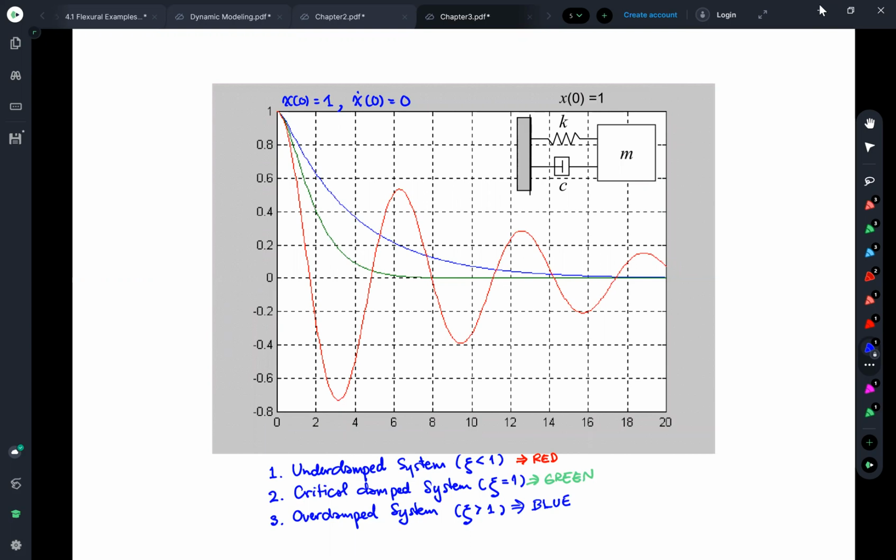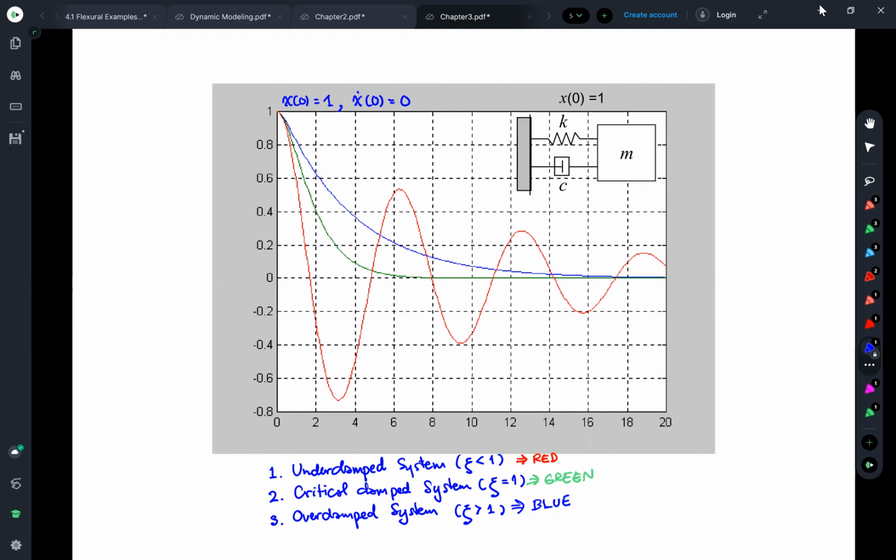When the machine or the aerospace vehicle touches the moon, for example, I need my system to have a very small value of the impact acceleration. I don't want to damage my equipment in the aerospace when I touch the moon, and that will need a critical damping. I'm sorry, over damping. You will need the over damped system.